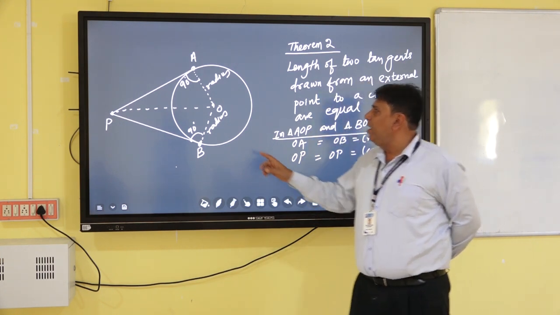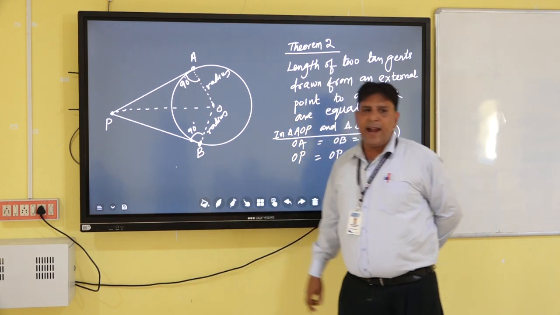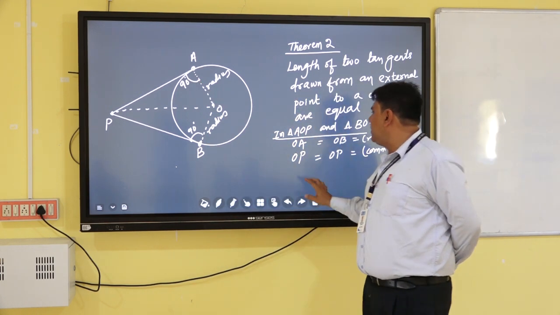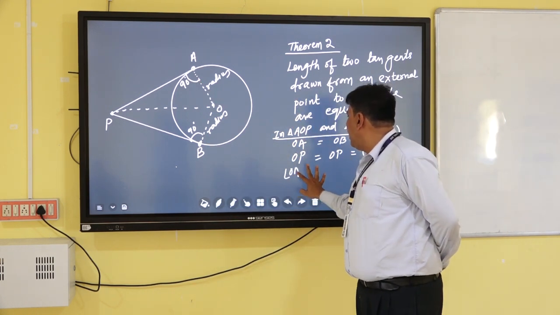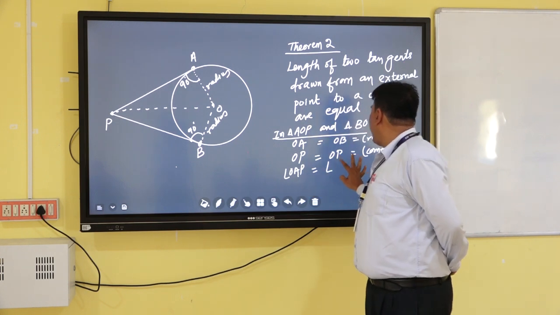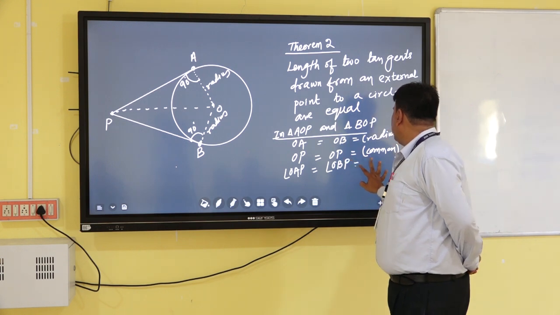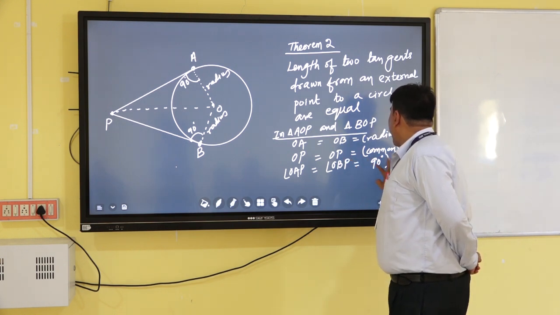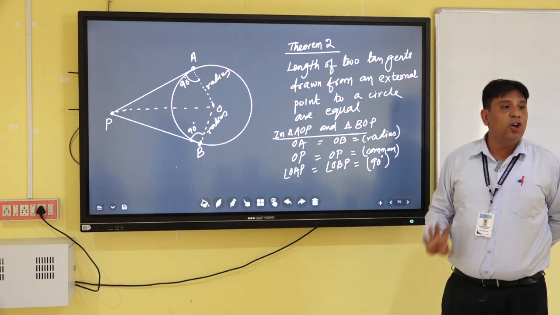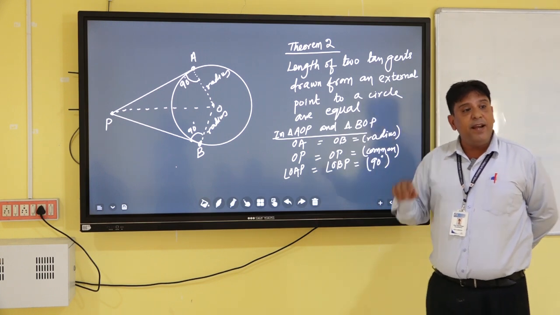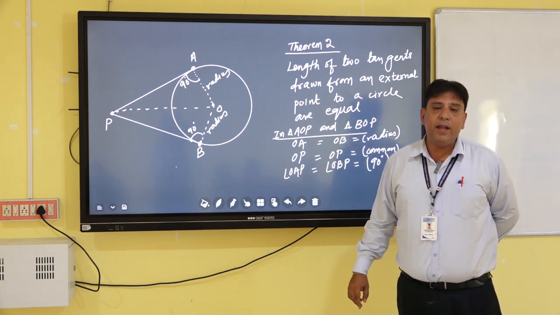And if you see carefully, angle A is 90 degrees and angle B is 90 degrees. That means angle OAP is equal to angle OBP, each equal to 90 degrees. And why is it 90 degrees? By theorem 1, which says that radius and tangent are perpendicular to each other.